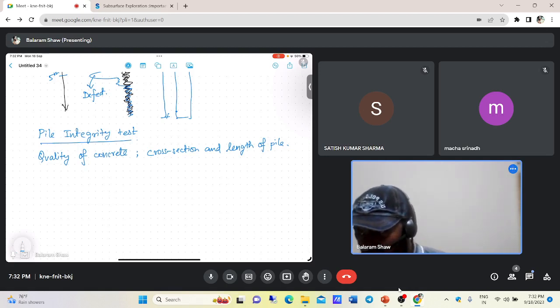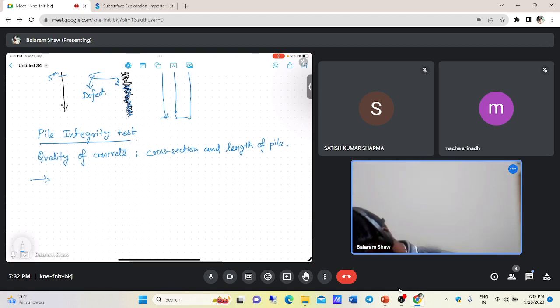As I said, the advantage of the cross hole sonic logging method comparison is that no tubing is required. Other than that, an acceleration sensor is required, but only at the pile head.